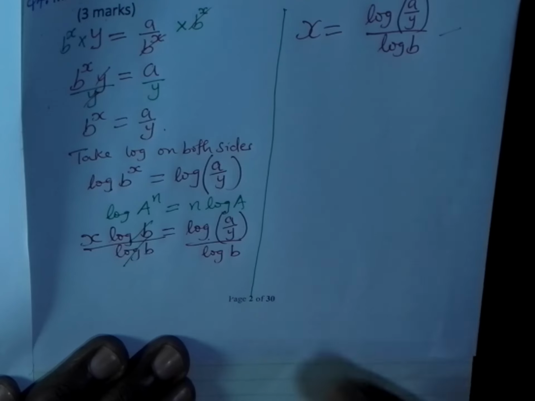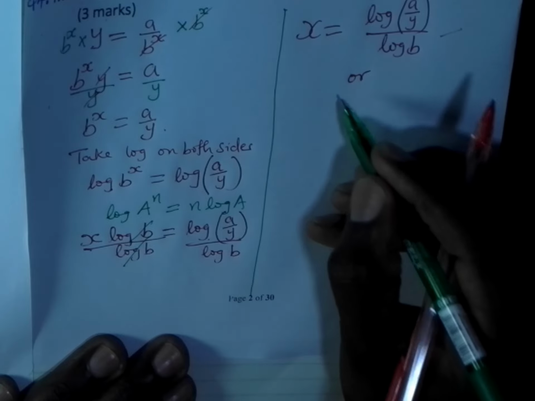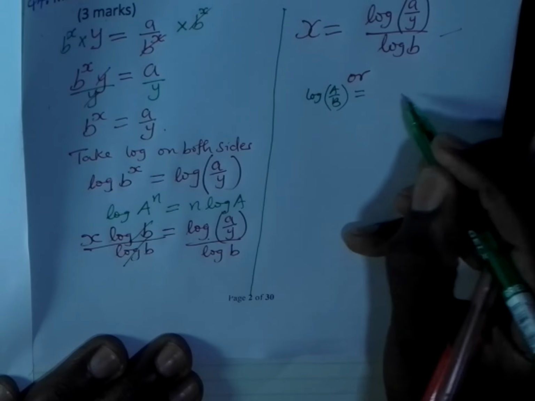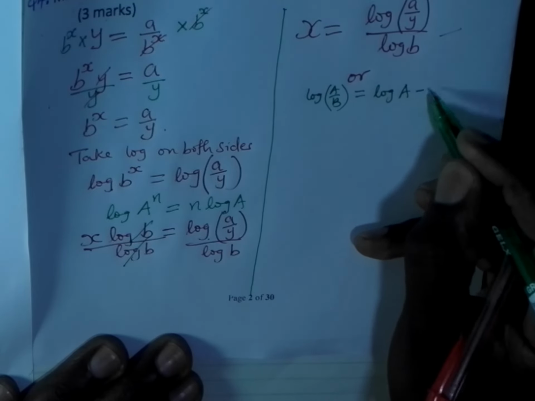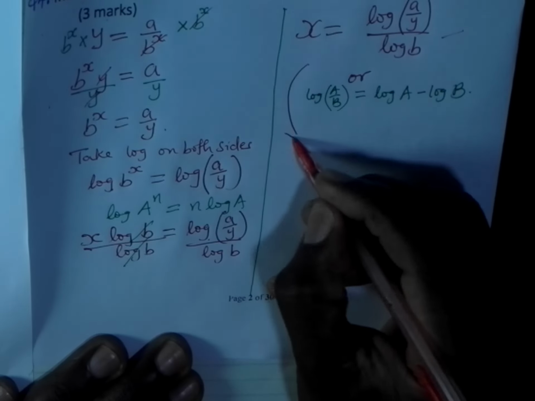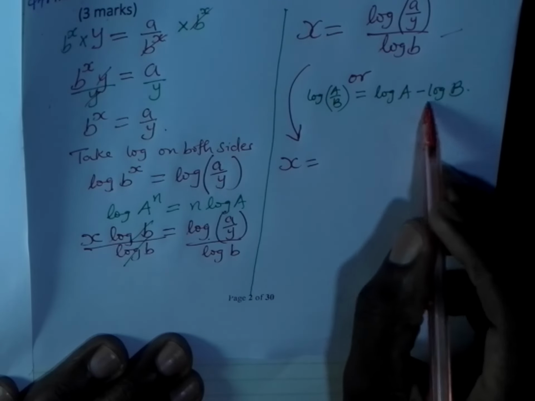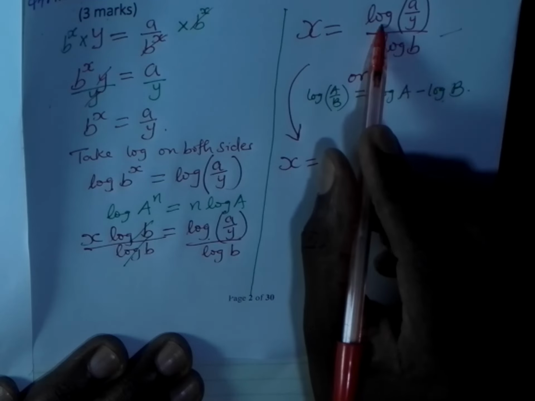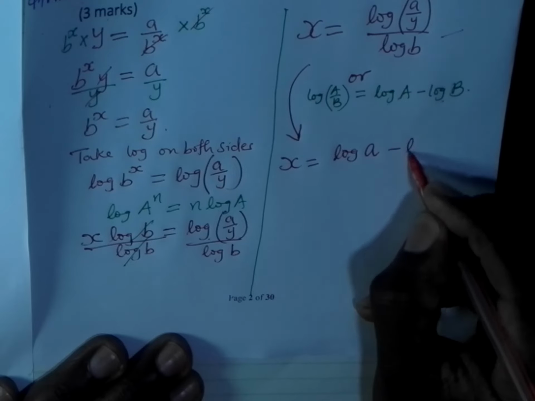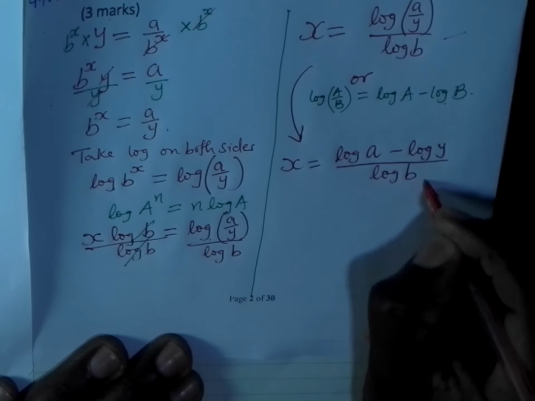You can leave this answer like that, or applying the laws of logarithm, whereby log of a number a over b could also be written as log of a minus log of b, this can also be written as x is equal to, now applying this law to the numerator part, log of a minus log of y all over log of b.